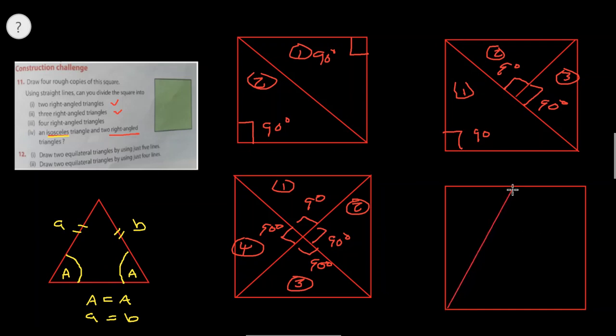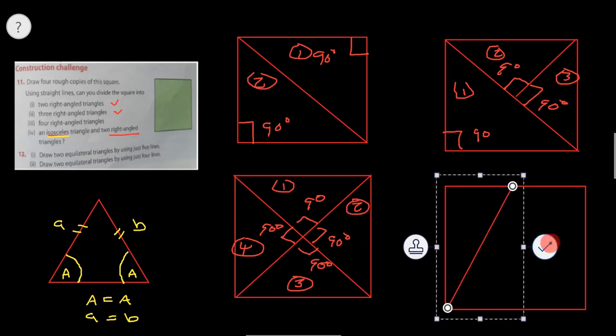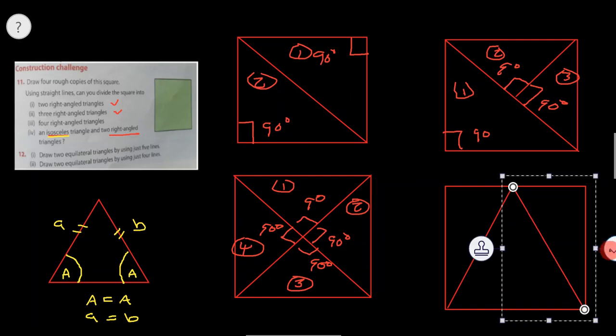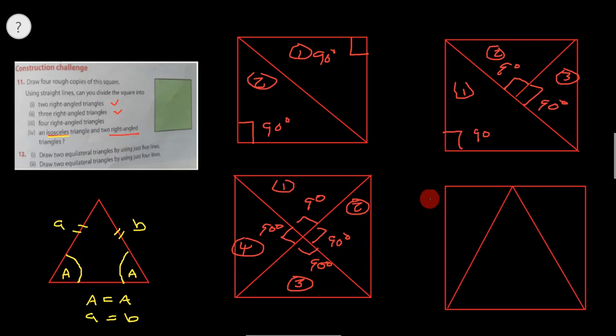Like if we do this, if we draw a line from here to here, and then if we draw a line from here to here, what we get when we do this is, let's say this is line A, this is line B, they're equal to each other, and therefore this angle here, angle A and angle B, are going to be equal to each other as well.